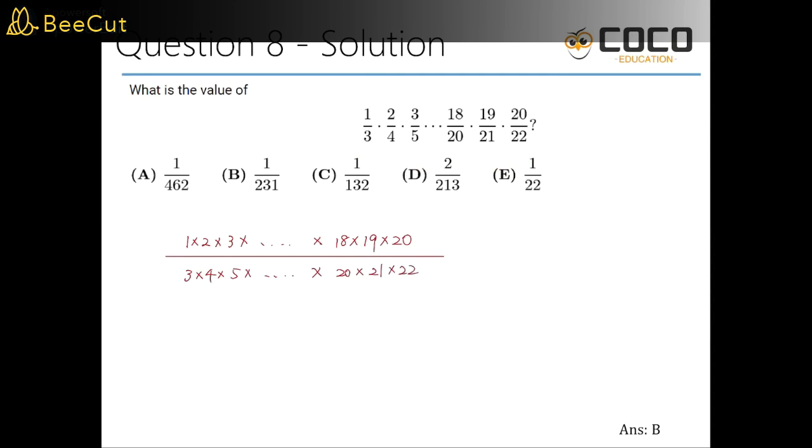The common factor is from 3 to 20. You can simply cancel them. So now this becomes 1 times 2 over 21 times 22. Simplify this, 22 divided by 2 equals 11. So 21 times 11 is 231. 1 over 231, answer is B.